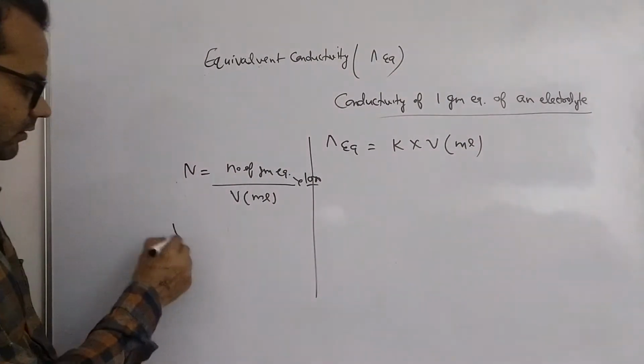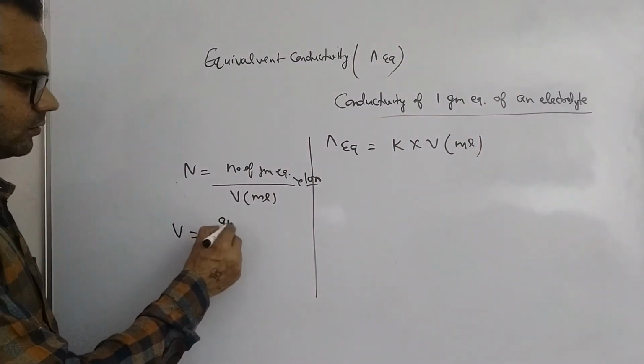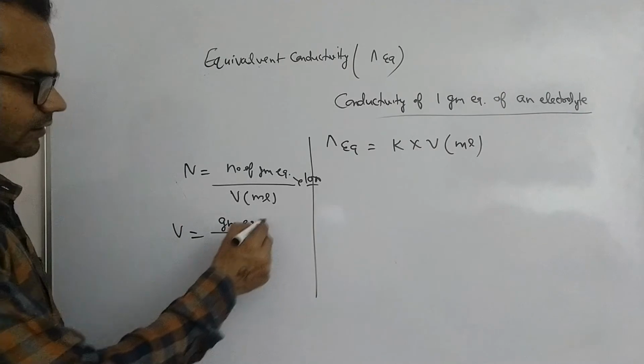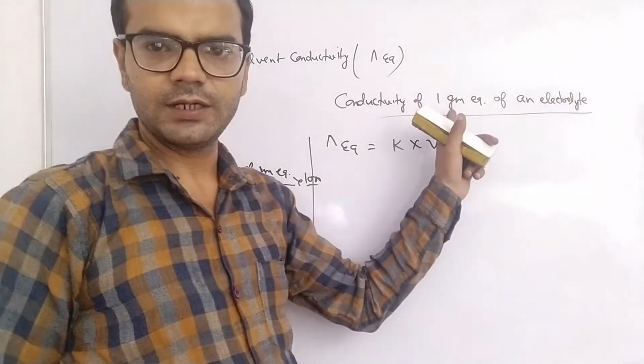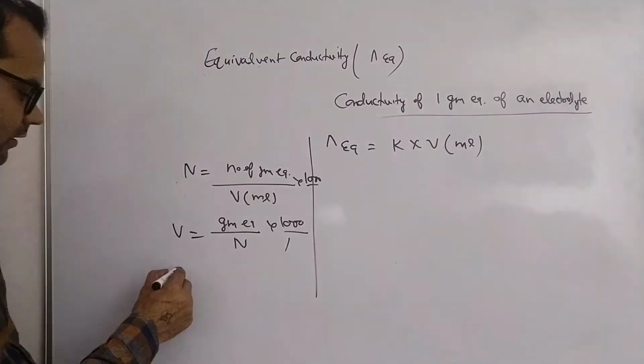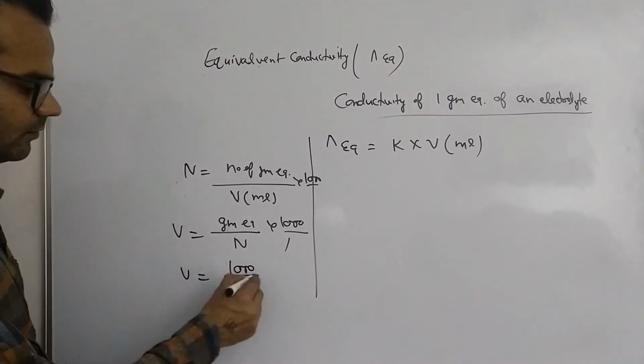So V equal to gram equivalent by N into 1000. And we have 1 gram equivalent, so we will have 1000 by N.